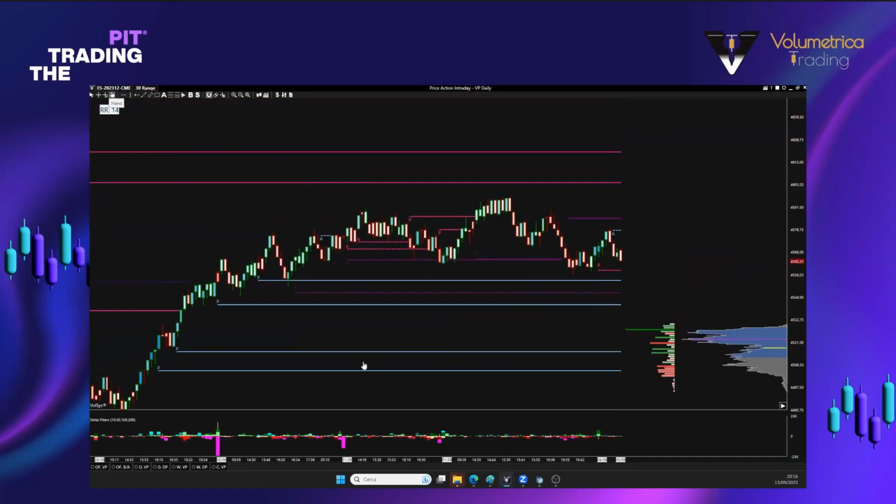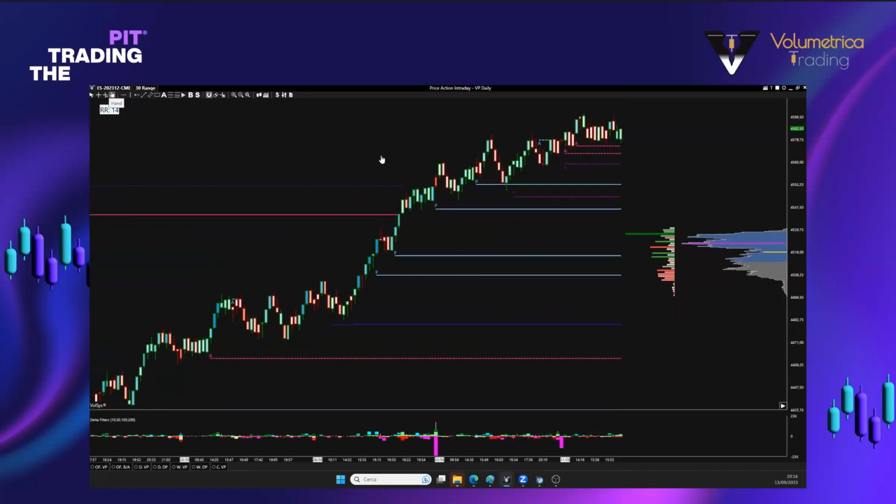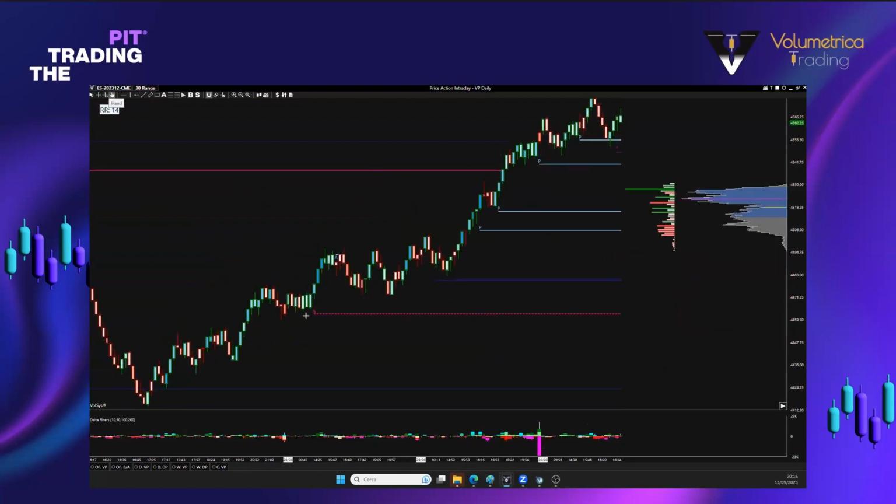Like, for example, let's look at a different example on the other side. Same thing here, market ranging here, so no dominance at all. Strong break to the upside.